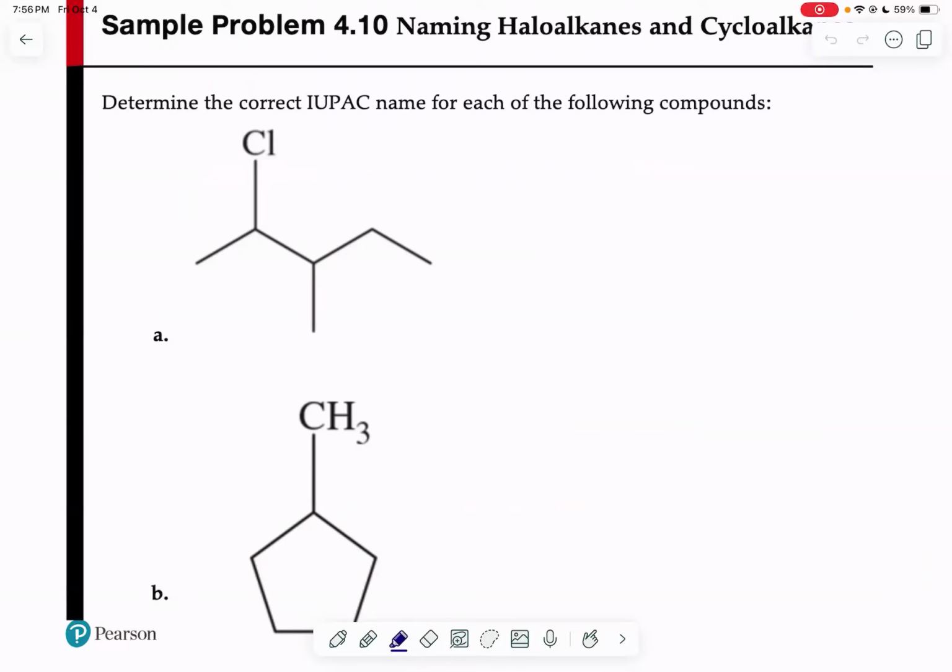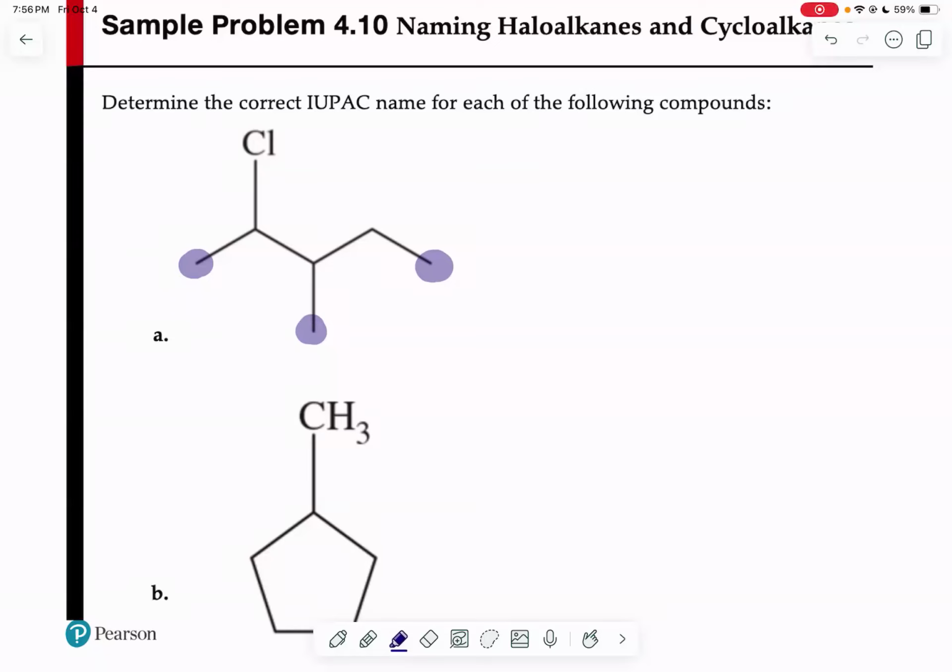When I'm looking at any given structure, what I look for are ends. Here I'm looking at ends that have carbons. The first thing I want to do is identify the parent chain on my molecule. The parent chain has to start from one of the ends, and it's going to be your longest continuous chain.